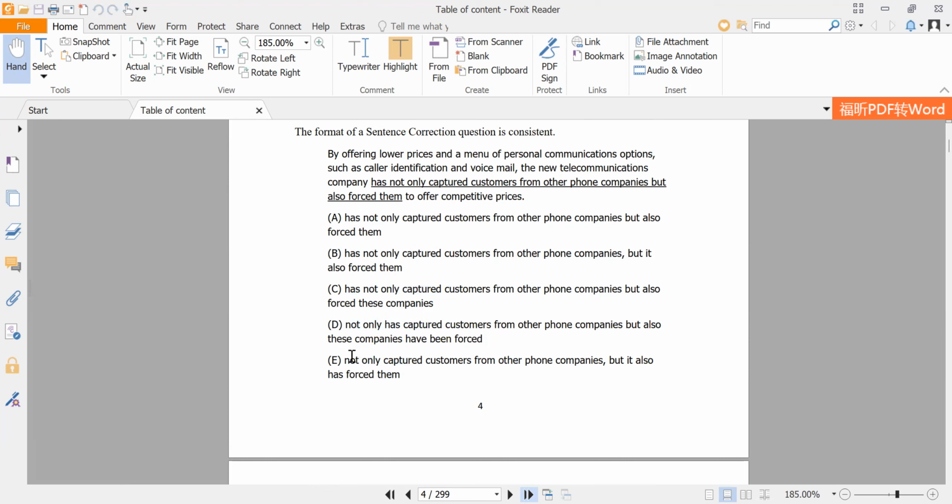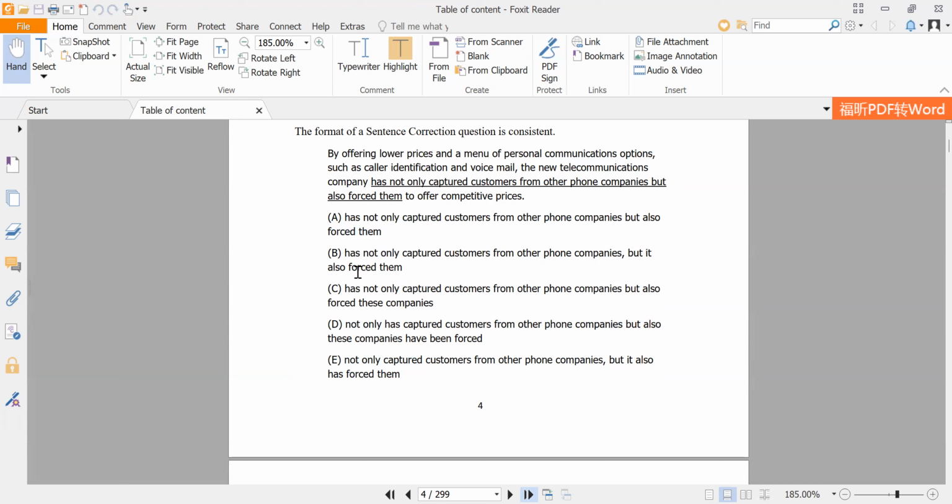So E uses past simple tense. D uses present perfect tense, same as A, B, and C, but the position of "not only" is different. And after the "but also," we have something different in each answer choice.